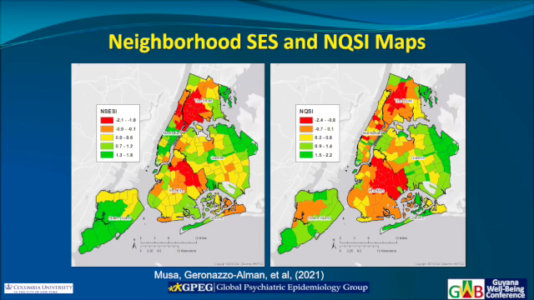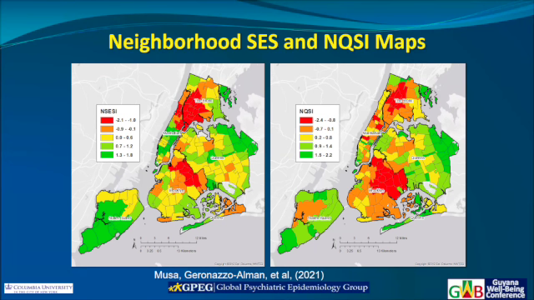Well, what about neighborhood socioeconomic status, and quality and safety? If you look on the left, you see the socioeconomic status: the areas that are red are the lower income, the areas that are green are the higher income. On the other side, the quality safety index that we've been constructing.